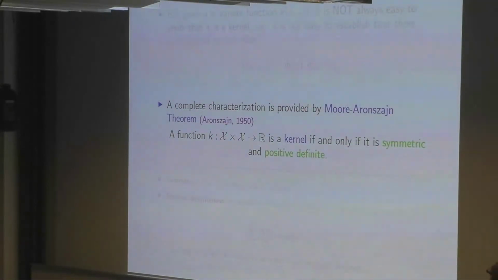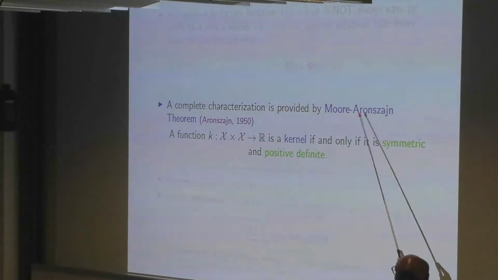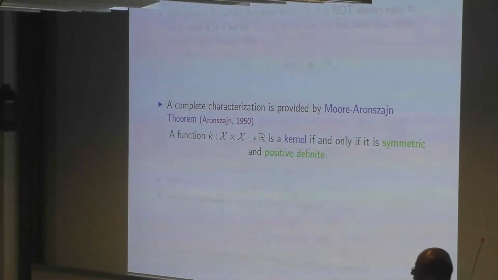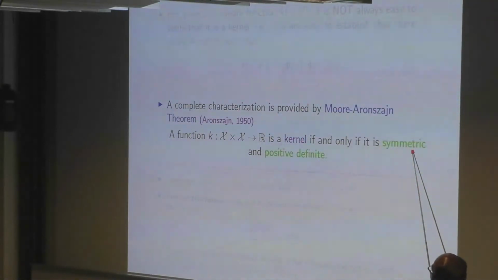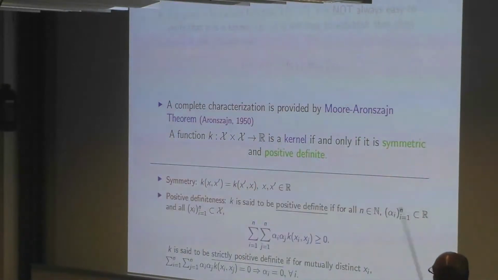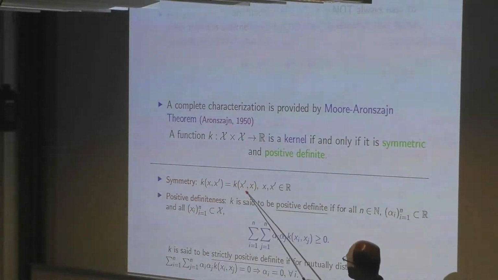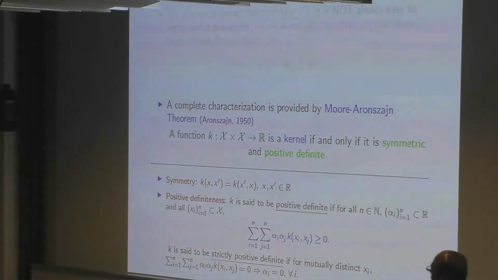This complete characterization is provided by the Moore-Aronszajn theorem. What this theorem says is, if I have a bivariate function, that function is a kernel if and only if it is symmetric and positive definite. Okay. So what is symmetry? If I simply exchange the arguments, nothing changes.